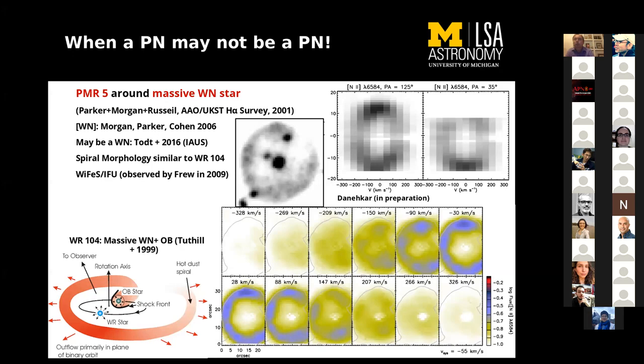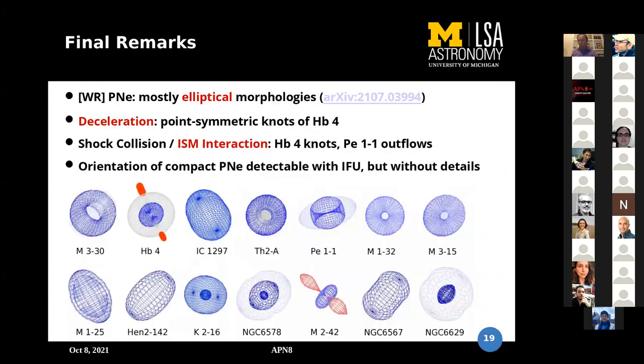There is another paper which I'm currently working on, and in it I also present velocity diagrams and PV diagrams of these objects. And these are my final remarks. In my study, I found that mostly these Wolf-Rayet planetary nebulae have elliptical morphology.